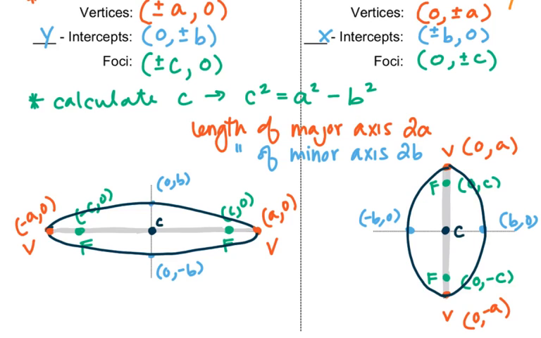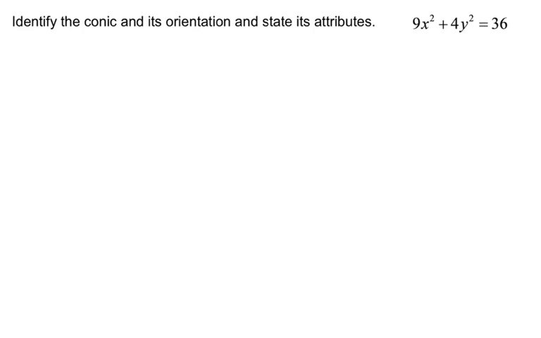So let's look at an example of identifying an ellipse, listing its attributes, and sketching the graph. And again, this is going to be an ellipse which is centered at the origin. Here, we're given this conic. We're asked to identify the conic, state its orientation if necessary, and then also any attributes.